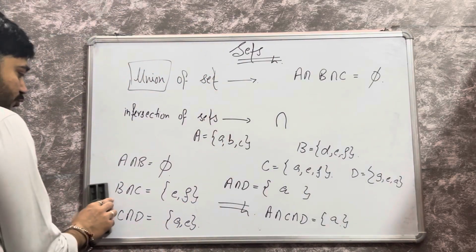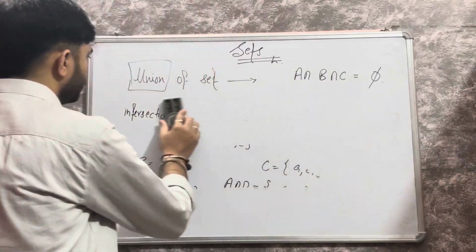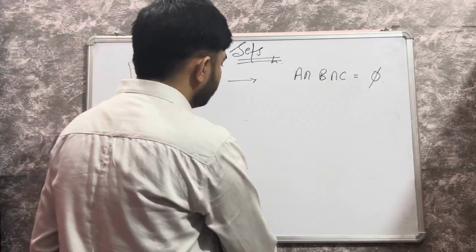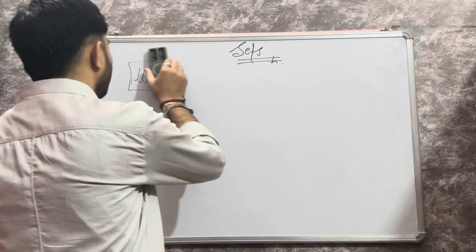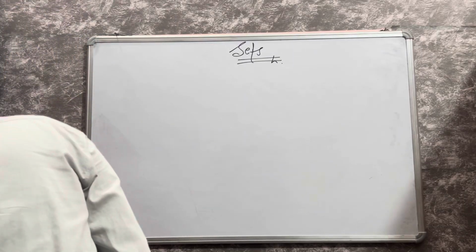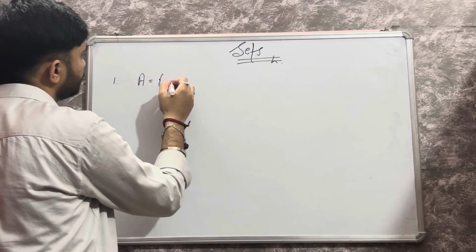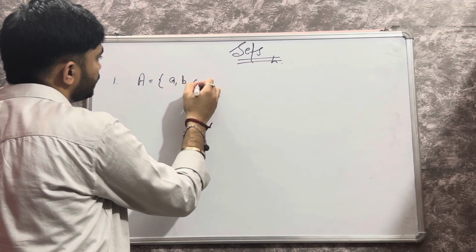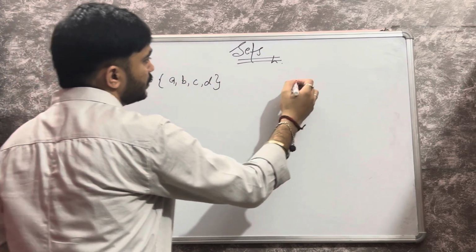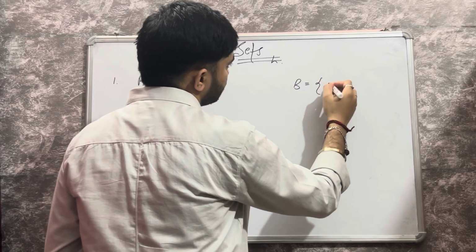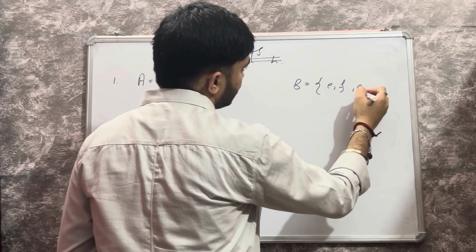Now let us move forward and do some questions in which we have to find the union and intersection of two sets. First, A is equal to {a, b, c, d}, B is equal to {e, f, a, c}.